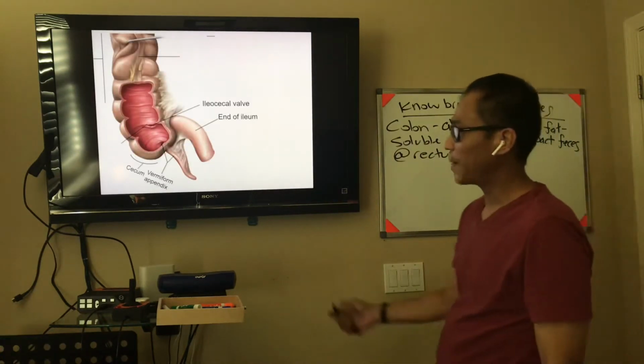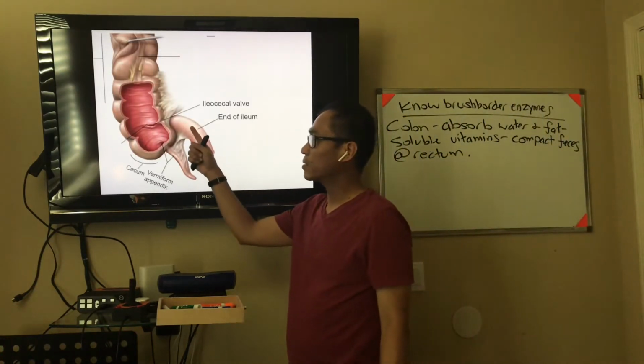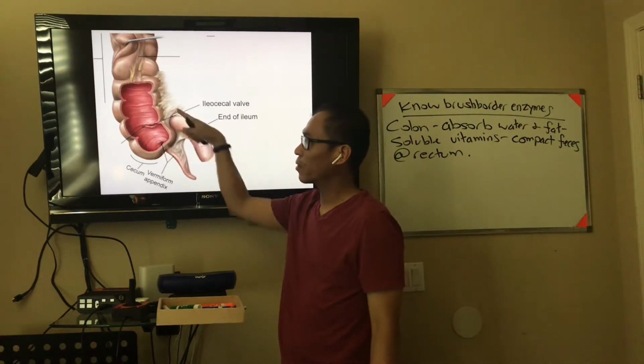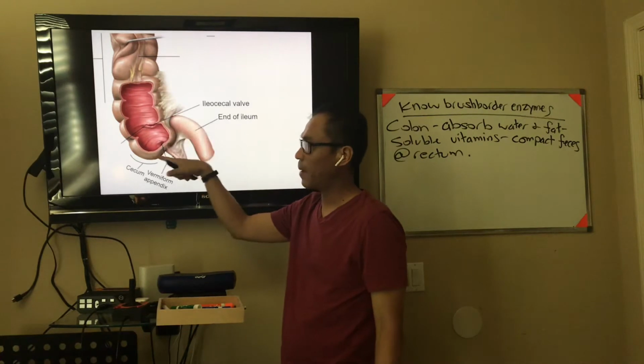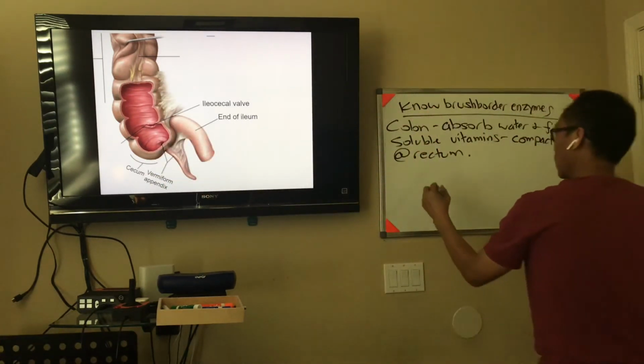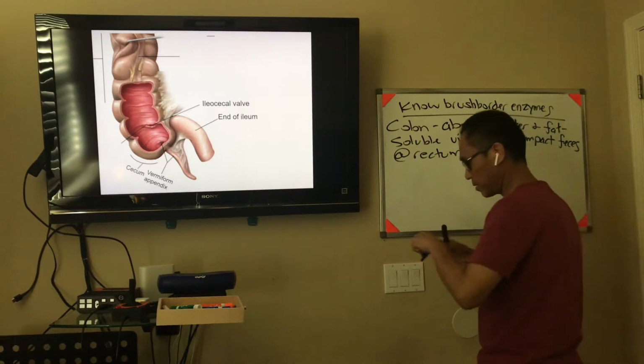The food stuff as it passes along through the small intestine to the large intestine has to go through that ileocecal valve, where it'll be in the cecum, this little pouch, which is the beginning of the ascending colon. So note the ileocecal valve.